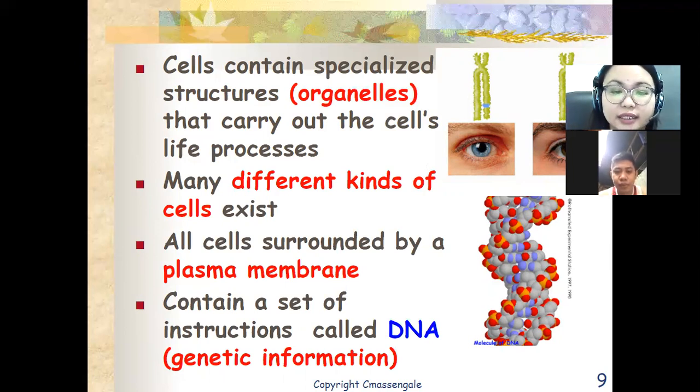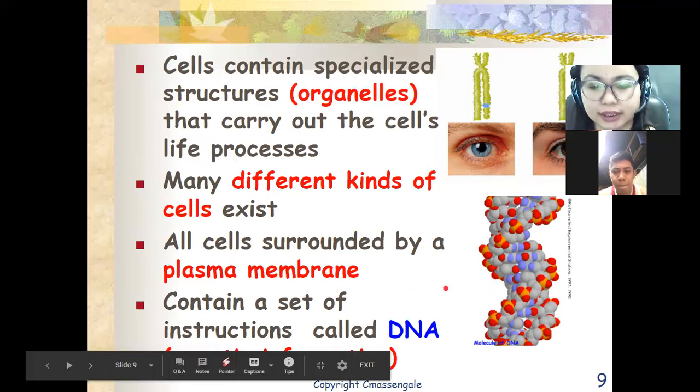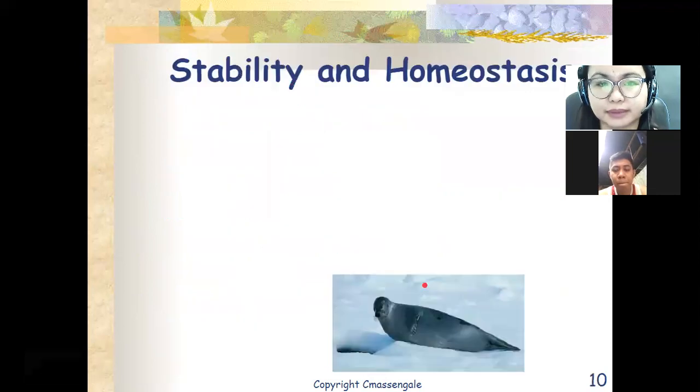It's the genetic information. Each single cell in the body has its own genetic makeup. For example, two different eyes, a brown one and a blue one, because they have different genetic makeups.